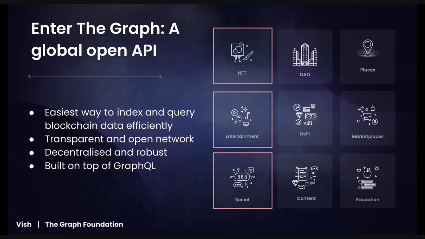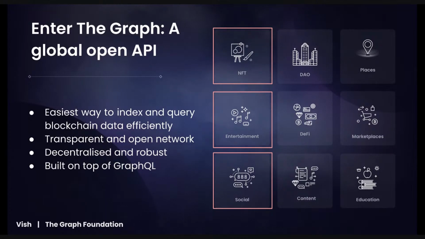And the reason why I'm saying that The Graph is the easiest way to index and query blockchain data efficiently is because it's not just a global open API. It is a transparent and open network, a decentralized network, which consists of various other participants that make up the entire decentralized and open network.